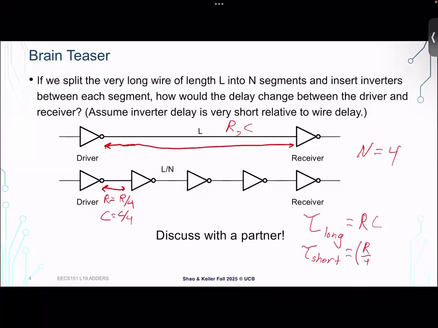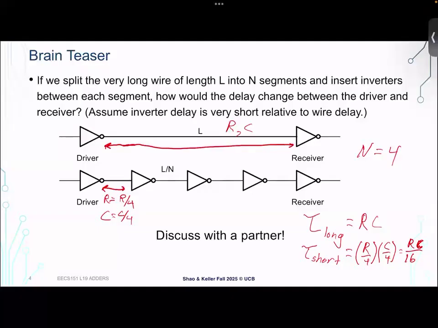R over 4 times C over 4, right? RC over 16. Notice that there's this squaring effect, right? As the wire gets longer, the delay increases not linearly, but quadratically, because both R and C are getting worse.